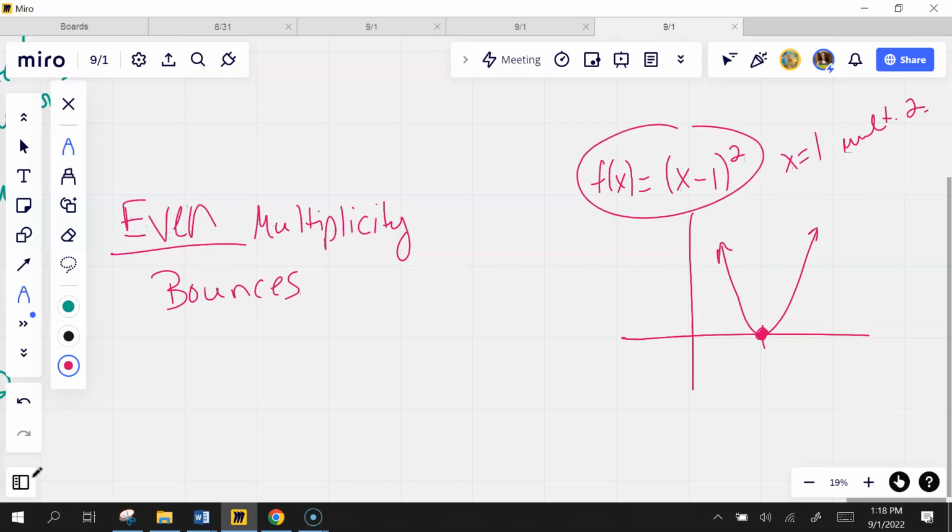See the equation? Yes, because what you're doing is you're setting it equal to 0 and you're solving. So x equals 1. This tells you what your zeros are doing, if they're going straight through the x-axis or if they're hitting the x-axis and bouncing back up.